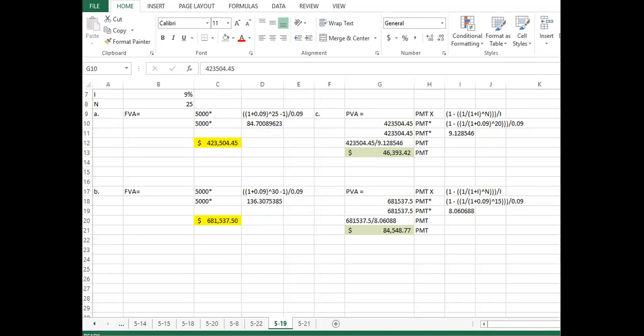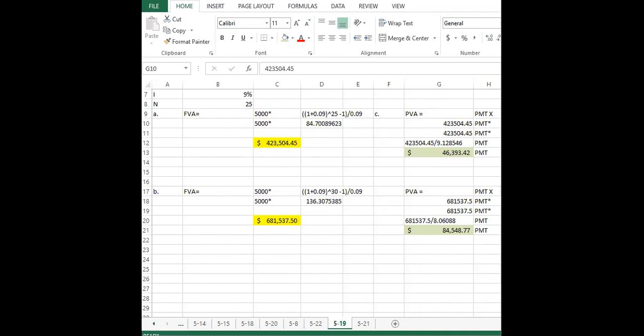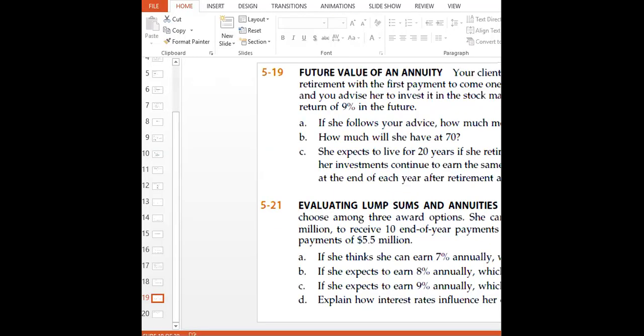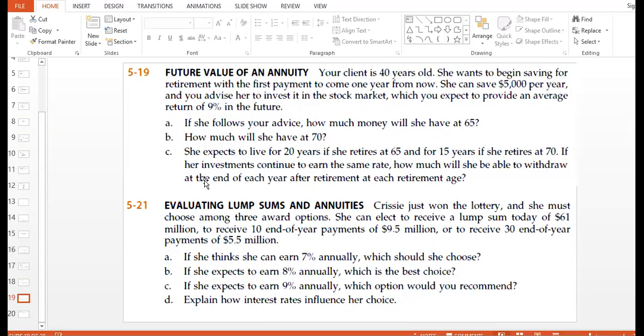So now we have another problem. The next one, this is 5-21. Chrissy just won the lottery and she must choose among 3 award options.